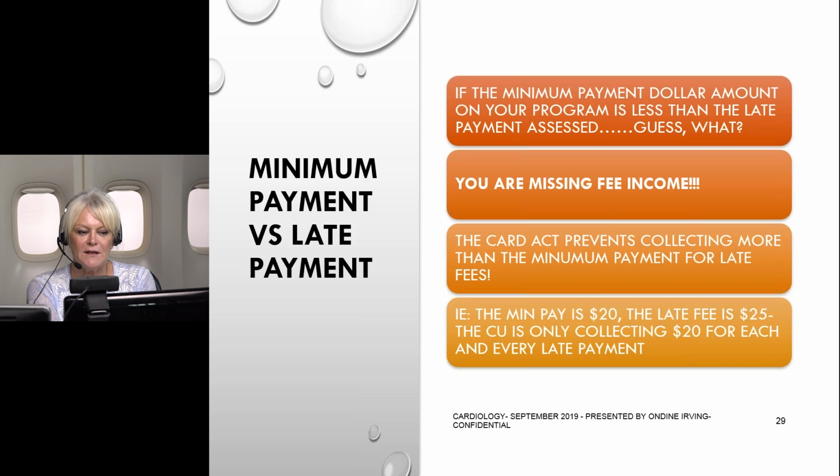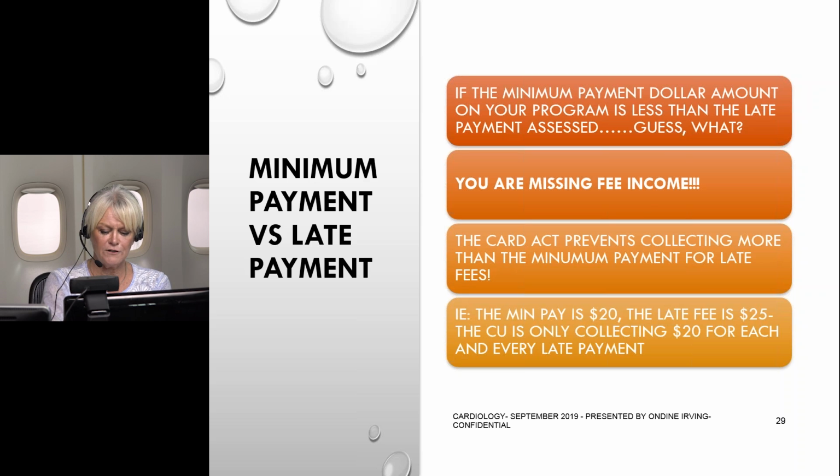So let's say your minimum payment is 20, or worse, 15, but your late payment is 25. For all these years, you're not collecting $25. You're collecting the 15 or the 20, whatever the minimum payment is. This can be a huge amount if you have that discrepancy within your portfolio.